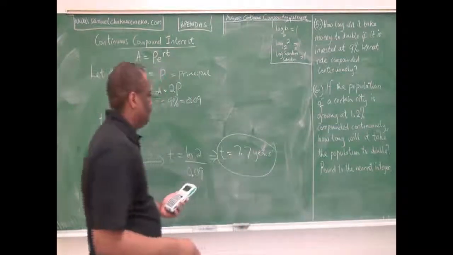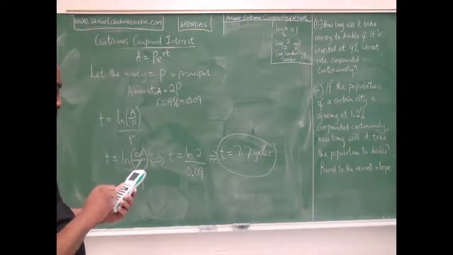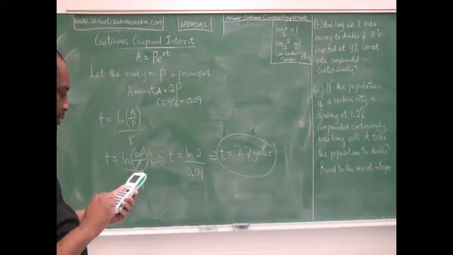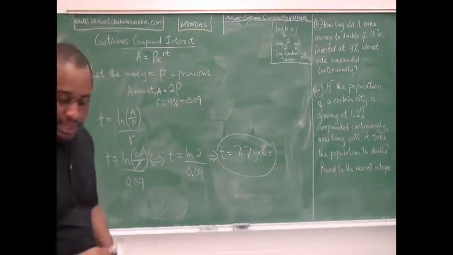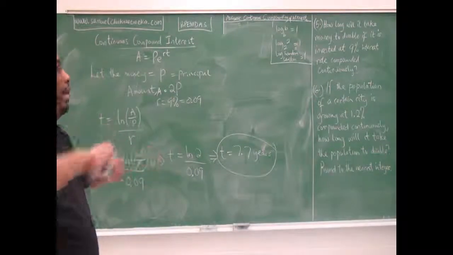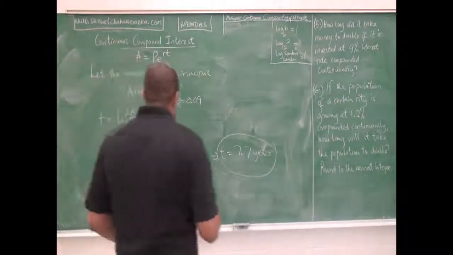Let's check it. Let me do it again. ln 2 divided by 0.09. Yeah, 7.7 years. That's what I got. So it will take 7.7 years for the money to double. Wow, that's a long time. Well, before you know it, it's not so long.